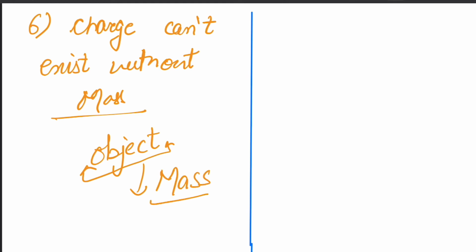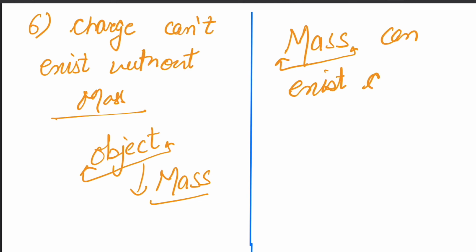So the charge cannot exist without mass. But there is no such condition for mass to exist. Means mass can exist without charge. So it is not necessary that if some object has mass, it must have charge also. This condition is not there.